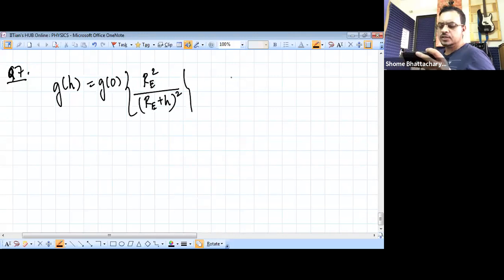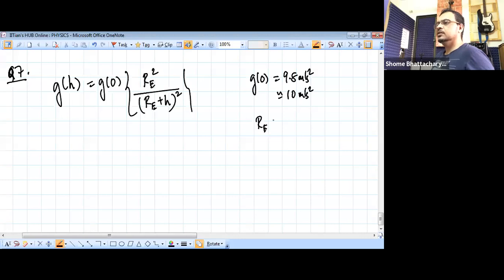Okay. And you know that the value of g at the surface of the earth is about 9.8 meters per second square, or more approximately, we write it as 10 meters per second square. You also know that the radius of the earth is approximately 6,400 kilometers.